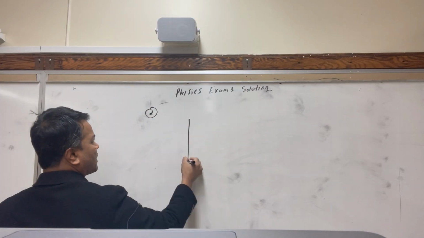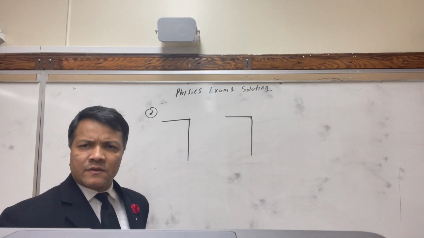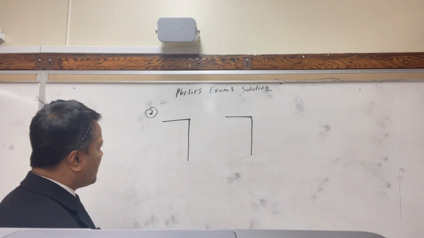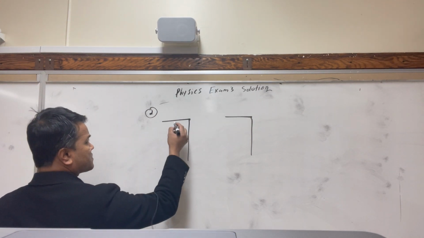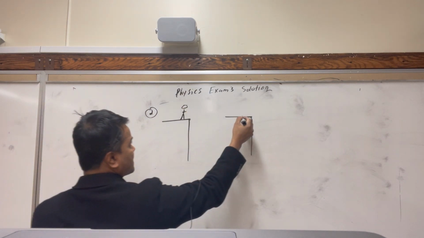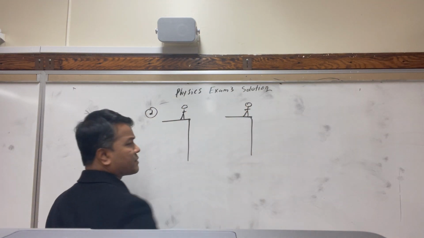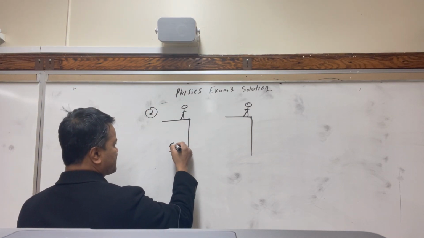Question number 2, I kind of went over this question. Remember I gave you the example of the terrorists. So this guy is here and this guy is here. Both of them are on the same rooftop of the same building, say 50 meters above the ground.